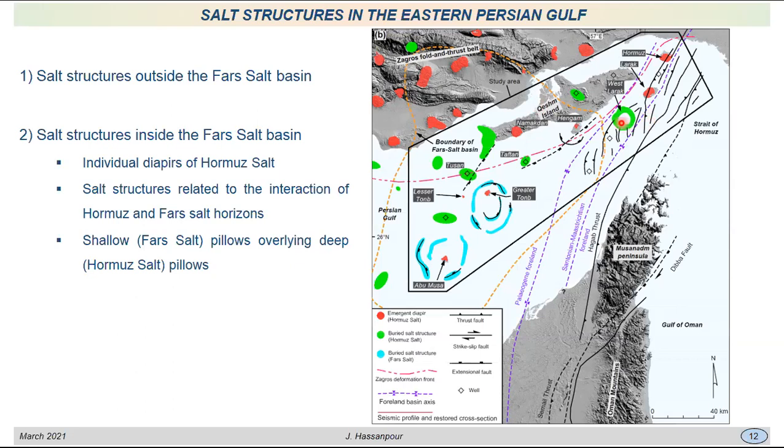So the ones that are outside the Fars Salt basin are here and include 4 salt structures. I'm going to show you 3 of them. And the ones inside the Fars Salt basin are related to the Hormuz Salt only, or related to the interaction of the Hormuz and Fars Salt horizons, or are salt pillows.